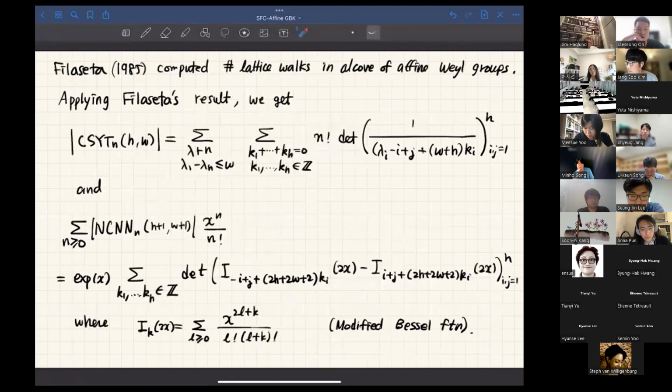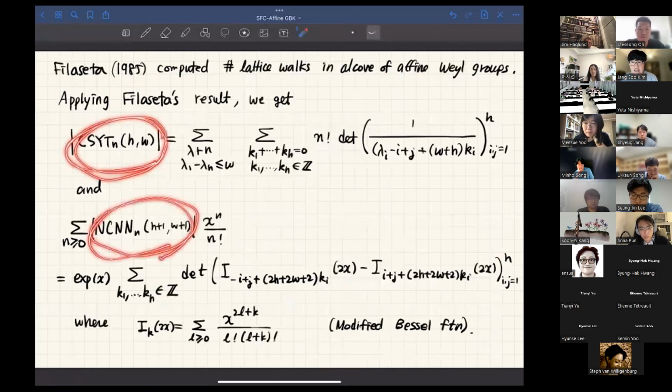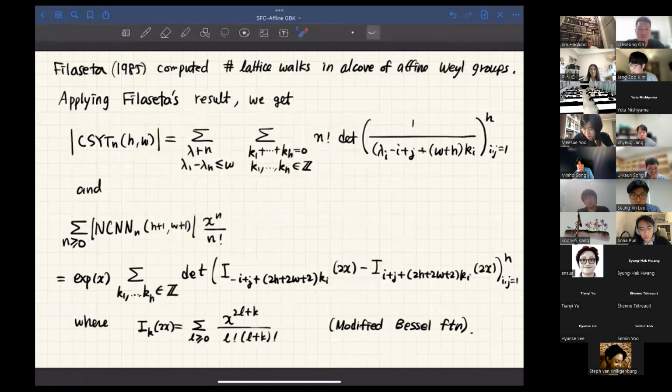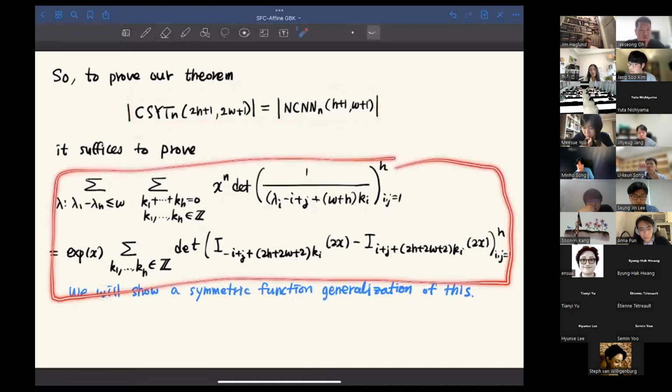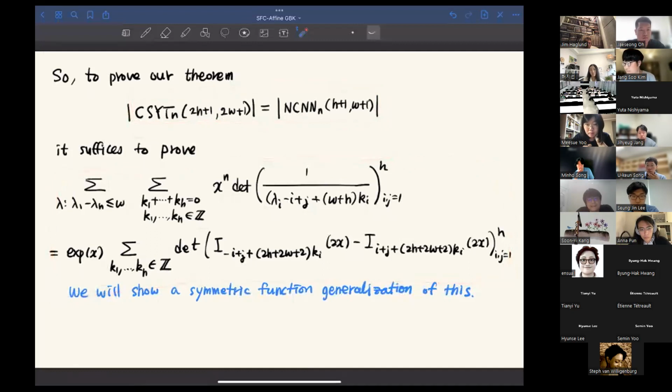He computed the lattice walks in an alcove of an affine Weyl group, and applying his result, we can get a formula for this and also the generating function for this. So basically, we have the generating function for both sides. So our result is equivalent to this generating function identity.